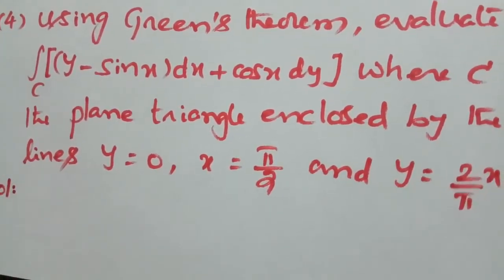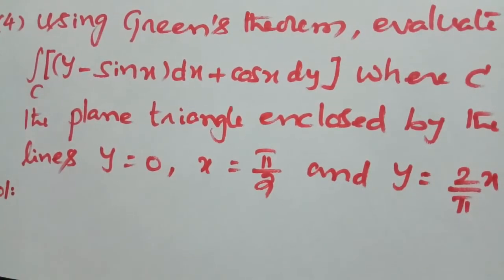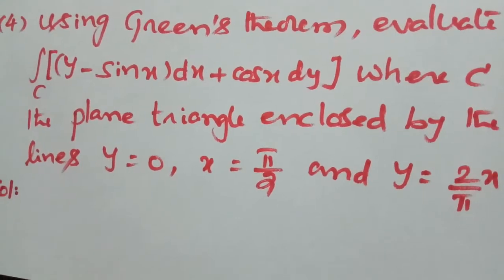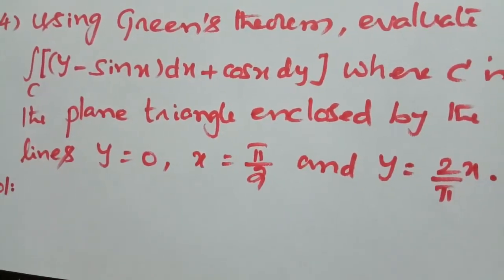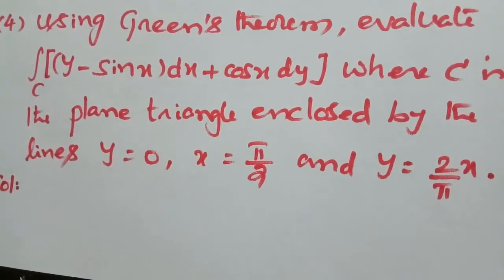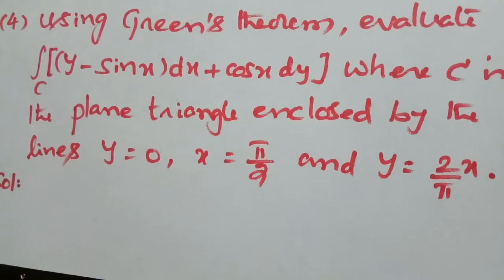Now solution, here C is the plane triangle enclosed by the lines y equal to 0, x equal to pi by 2 and y is equal to 2 by pi x.